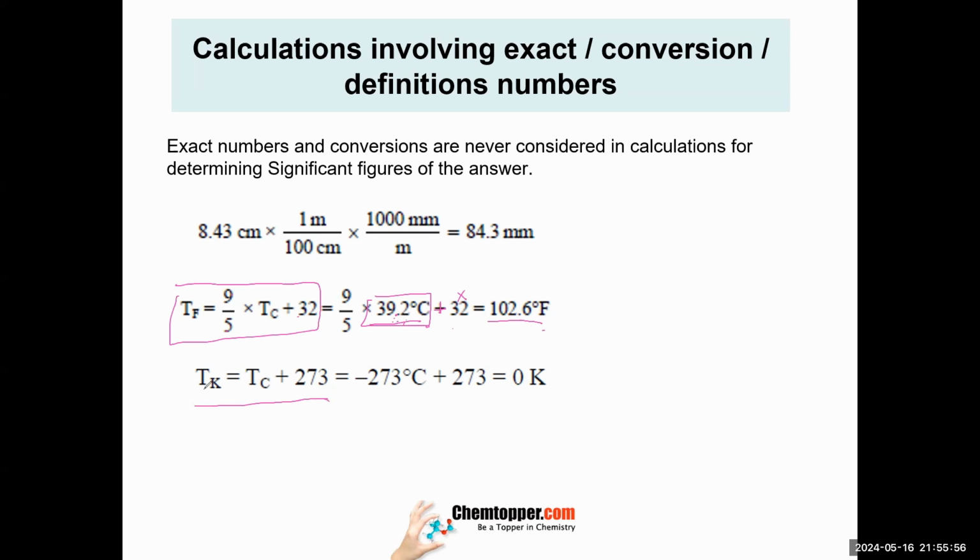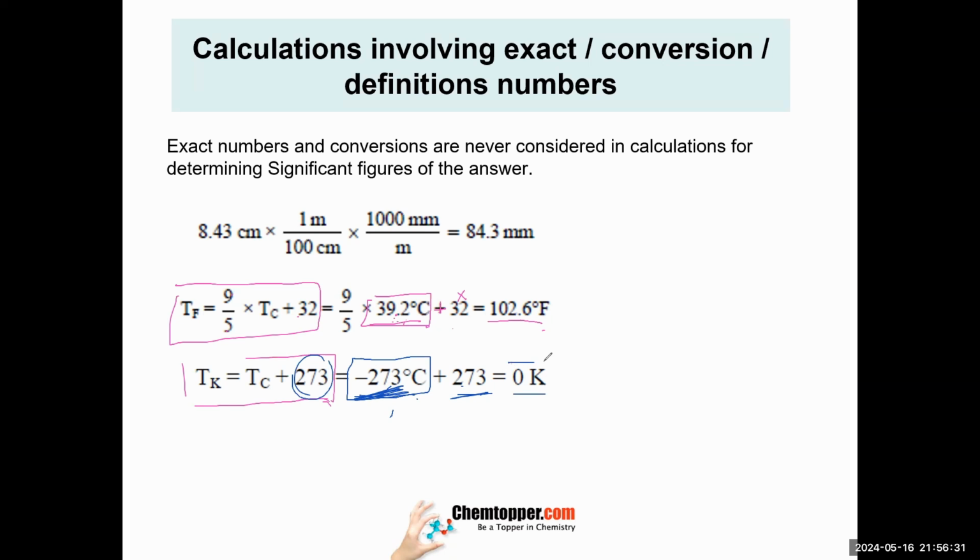Check here. This is also a by-definition conversion. And if this is the temperature in degrees Celsius, and I'm adding them together, this 273 is part of the definition. So I'll decide my significant figures in the final answer from the measurement given to me. This is the measurement given to us. Do we have any digit after the decimal here?